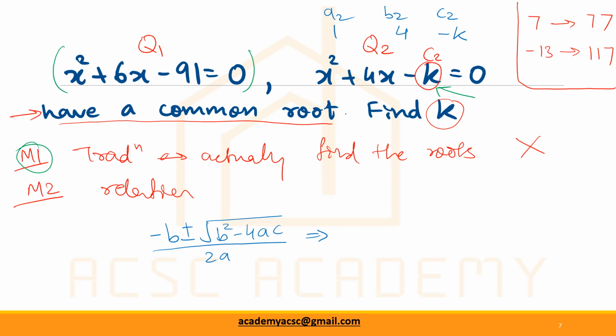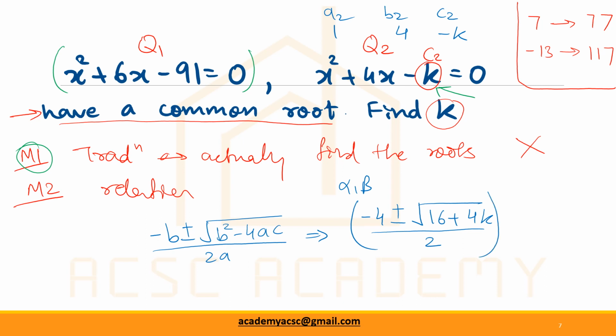So we get minus 4 plus minus root over of 16 plus 4k upon 2. This has to be the root for Q2. So now how can we derive? It will have two roots, let us call them alpha and beta. We have got these as their values.